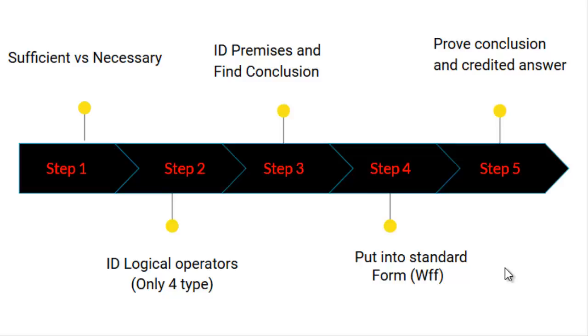Okay, we're translating, paraphrasing sentences into symbols, and then at that point we're just manipulating it. Okay, so you want to put the conclusion, if they give it to you up front, below the line. All right, and then of course we want to prove the conclusion and find the credited answer. In this case, we're looking for the missing premise, and so the missing premise would be the credited answer.